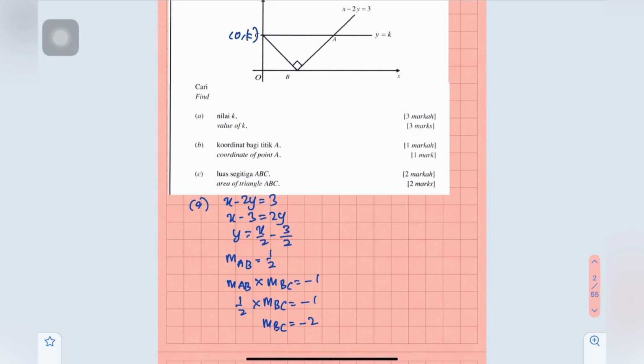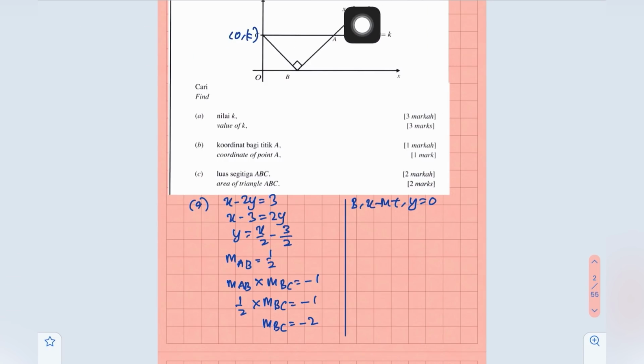Okay. So selain tu kita boleh cari B. B is x-intercept. So x-intercept, y equals 0 into equation this one. Okay, so dapat x minus 2 times 0 equals 3. So then x equals 3.